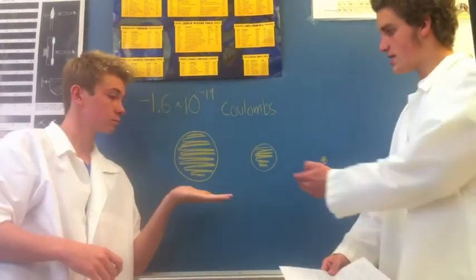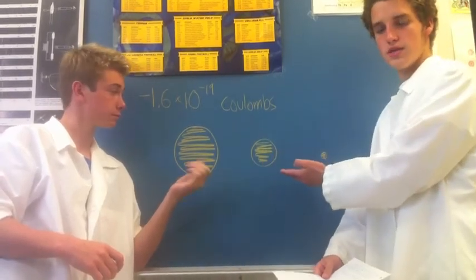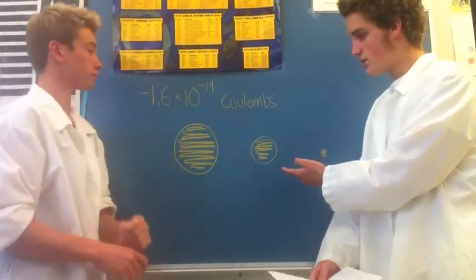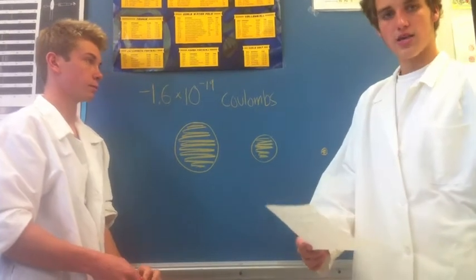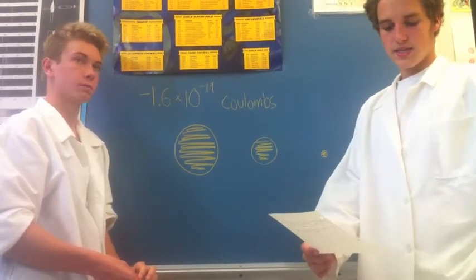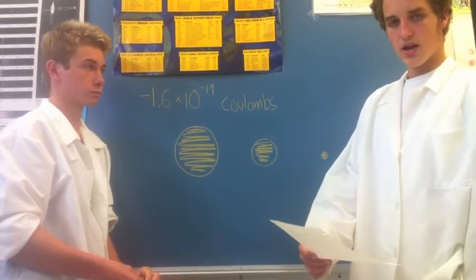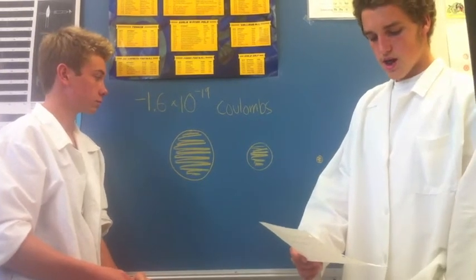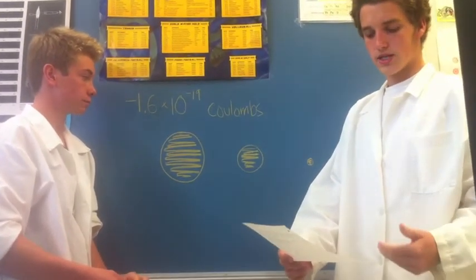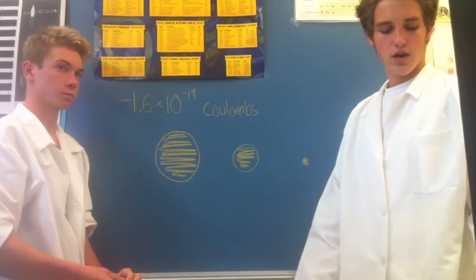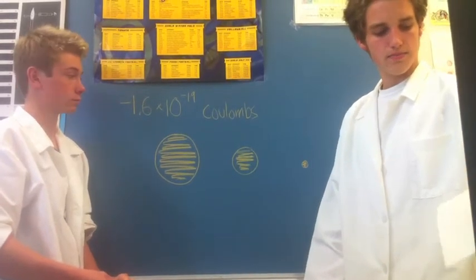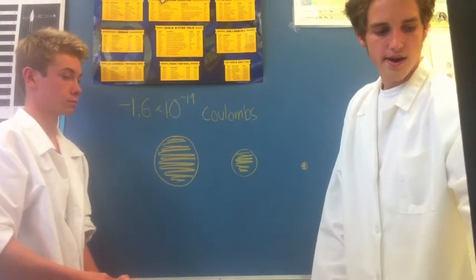So, as you can see, these are oil drops, 3 different sizes, which Millikan used. Each drop has its own mass, and he reasoned that each drop must contain a whole number of electrons. Since each drop contains a whole number of electrons, it must have an integer multiple of some charge.